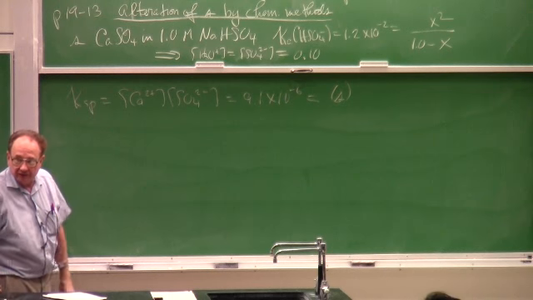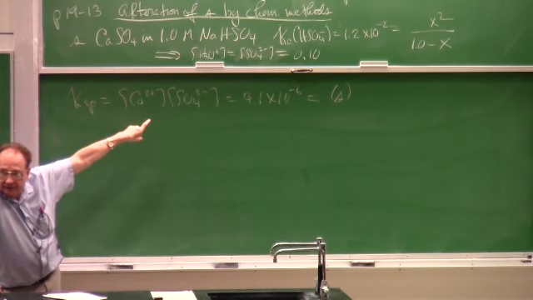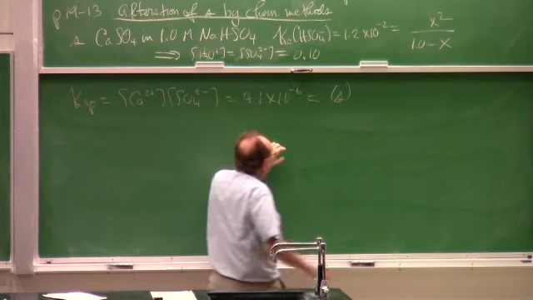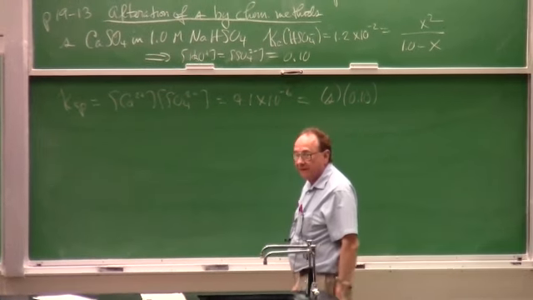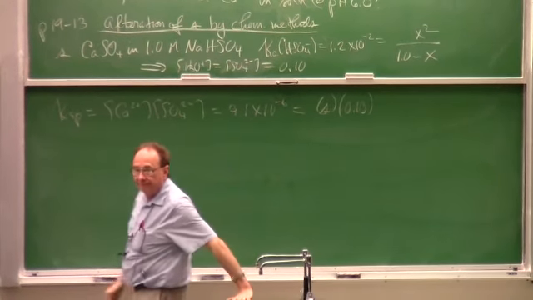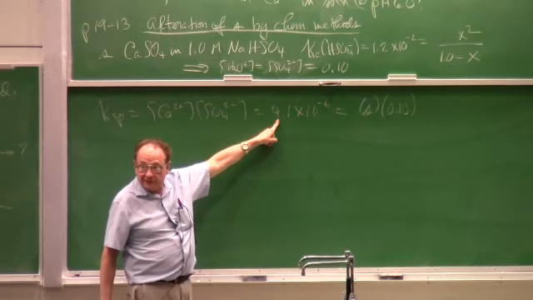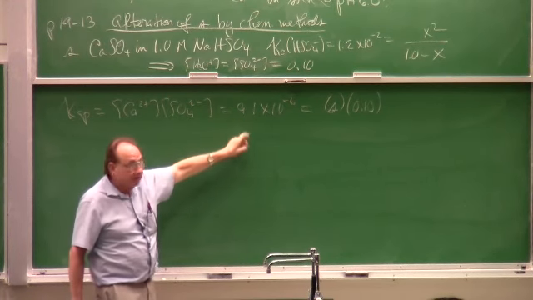What's the sulfate ion molarity? What is it? 0.10. Right there. So what's S? This divided by 0.10. That's 9.1 times 10 to minus 5.